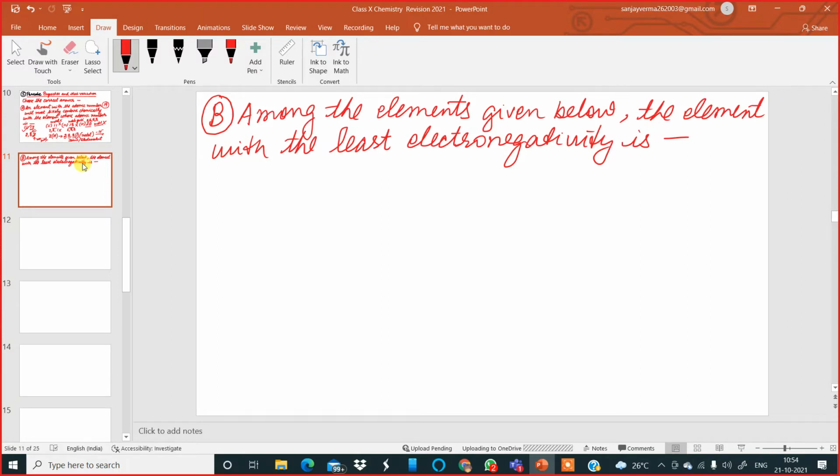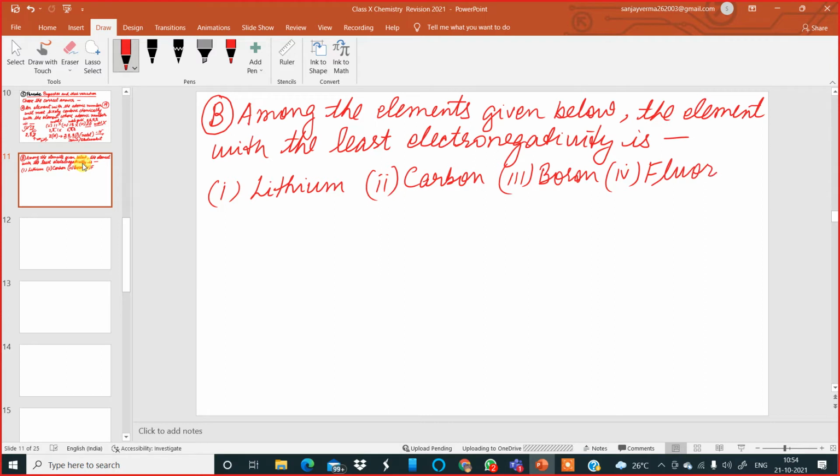The options I'm giving: the first option given is lithium. The second option given is carbon. The third option given is boron. The fourth option given is fluorine. So we have to choose the element among these which has the least electronegativity.